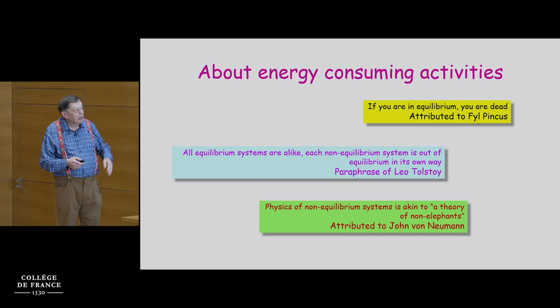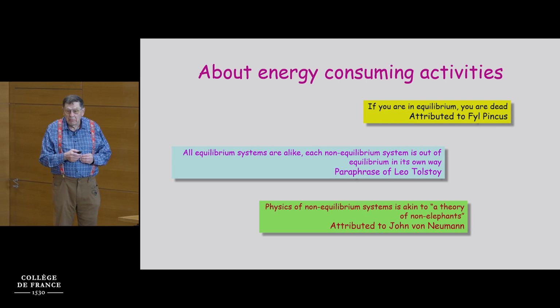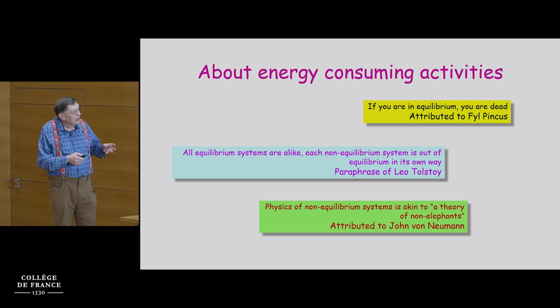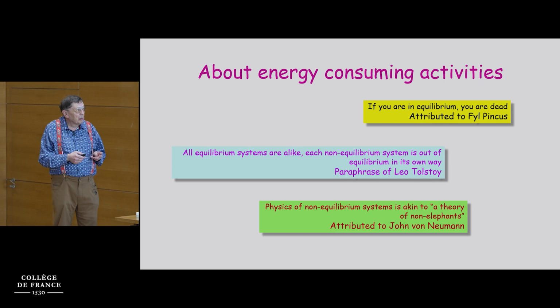And that's why I give you three statements which I like. One is attributed to Phil Pincus: if you are in equilibrium, you are dead. So non-equilibrium systems are potentially richer and more interesting. Another is a paraphrase of Leo Tolstoy: all equilibrium systems are alike; each non-equilibrium system is out of equilibrium in its own way. It is the first sentence of the novel Anna Karenina.